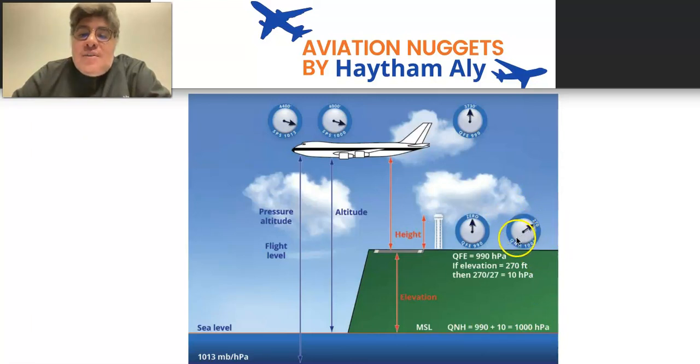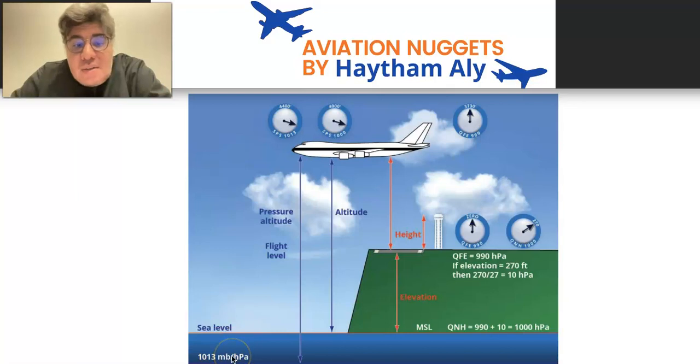On the other hand, if the altimeter setting is QFE, which is the isobar at the field elevation, 990, then on the runway the altimeter will show us 0, because the pressure setting is QFE.